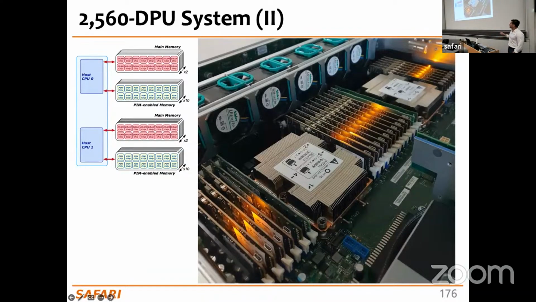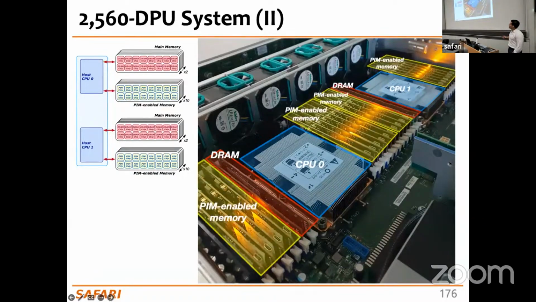Here we have a motherboard containing your regular CPU as SoCs, the DRAM DIMMs here that store main memory, and the PIM-enabled memory here. And in the given rack here, you have in total 2,560 of those DPU processing engines across the rack.